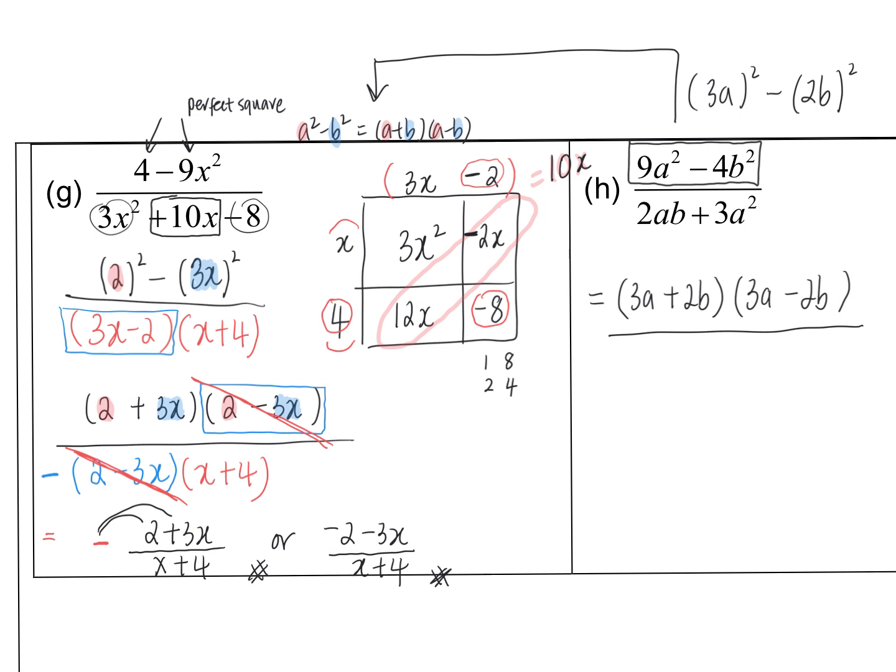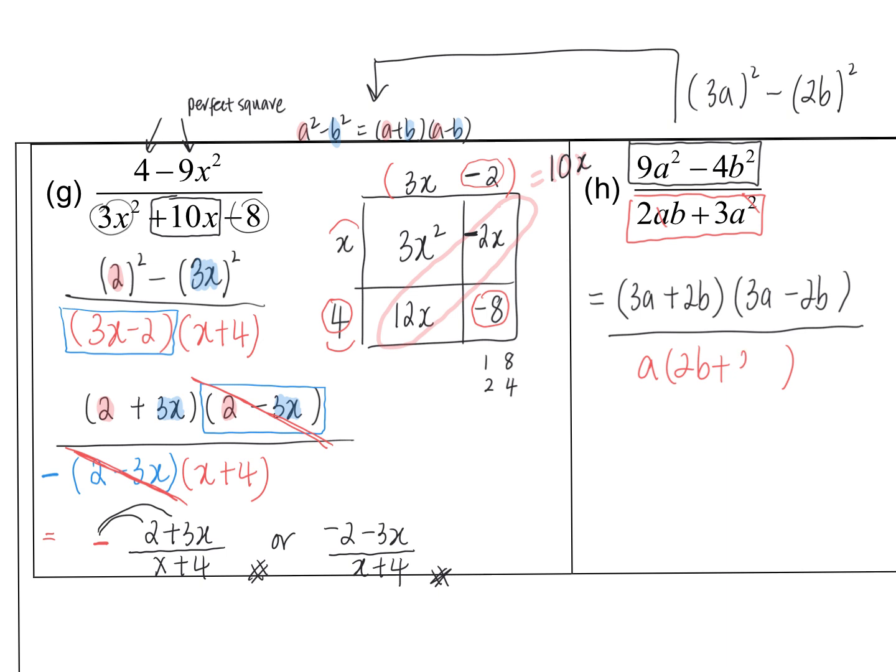Okay, denominator, there are no 3 terms. They are not perfect squares. It is just a normal extract common factor question. So, TJ, can you tell me what is common for these two? What can I take out? Just 8. So, what am I left with? 2B plus 3A. Okay, very good.